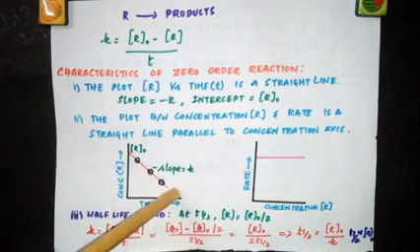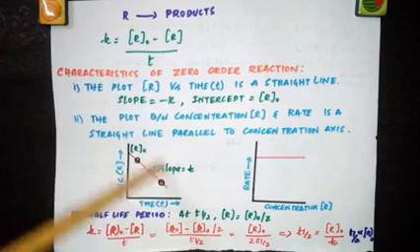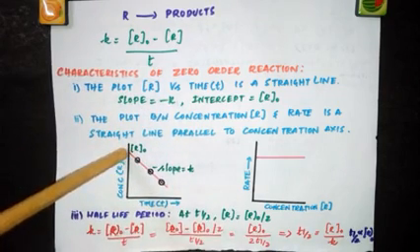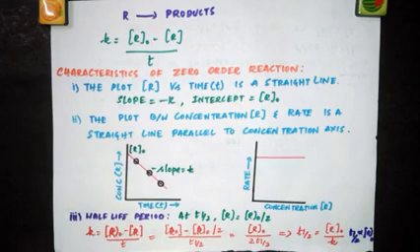You will get a straight line. So here the slope gives you minus K value and the intercept gives you initial concentration of the reactant. So remember, when you draw a graph between the concentration of the reactants at different time and the time, you will get a straight line, and the slope of the line gives you minus K value, which means the rate constant value, and the intercept gives you the initial concentration.